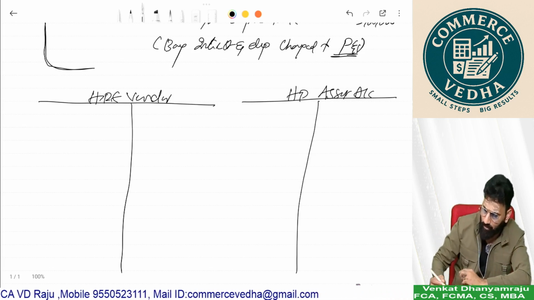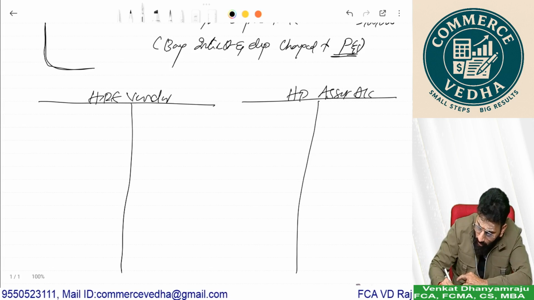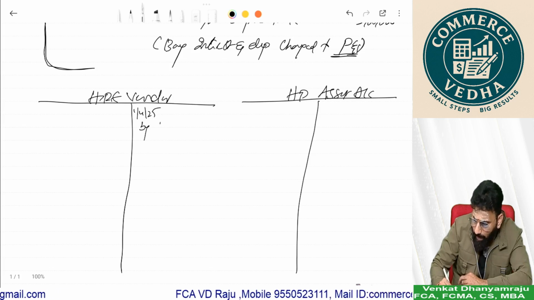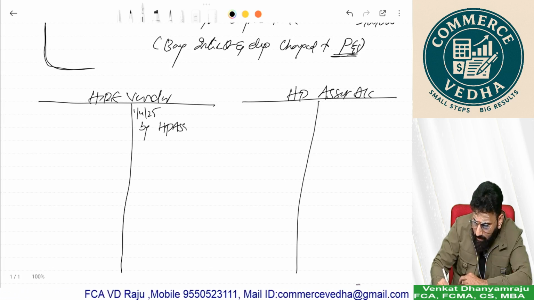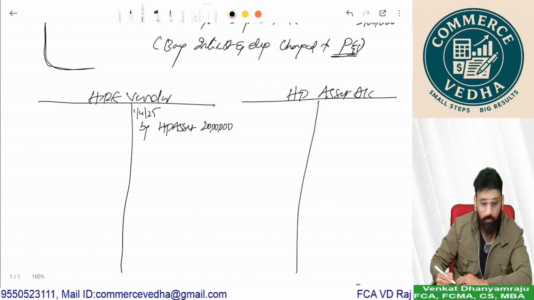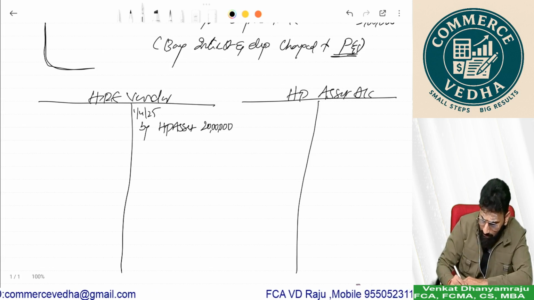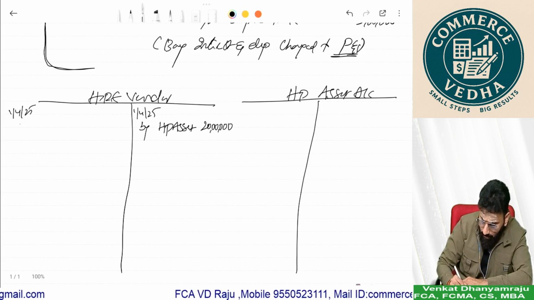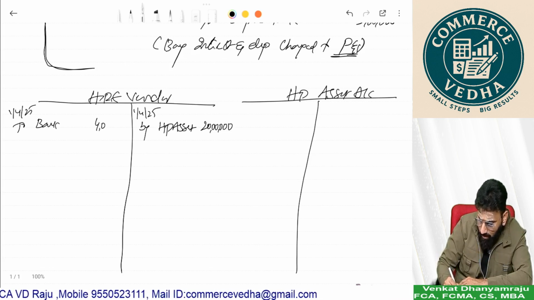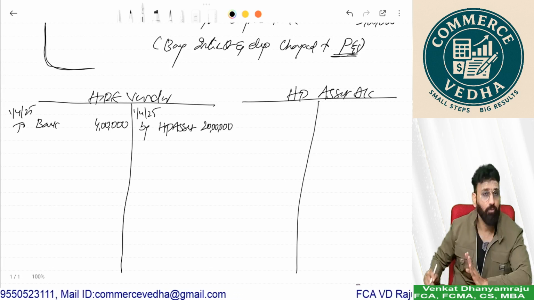Now vendor, if you see, it shows on 1/4/25 buy hire purchase asset, which is 20 lakhs. And the same day to bank, down payment you paid, which is 4 lakhs.